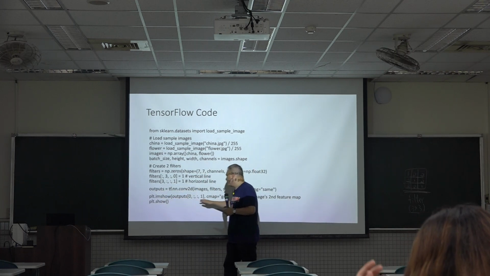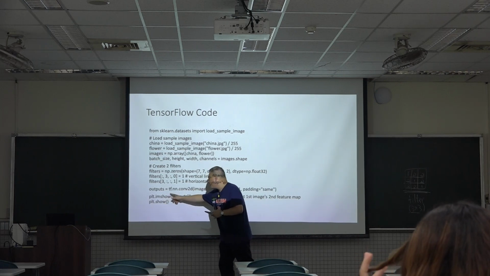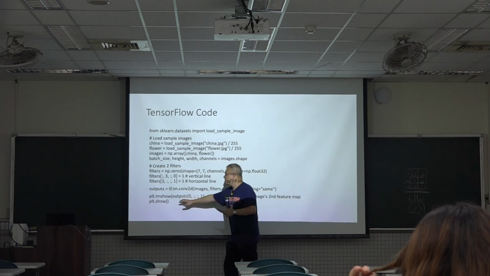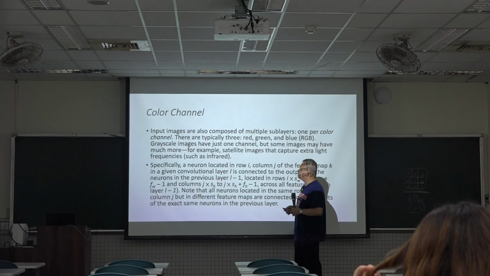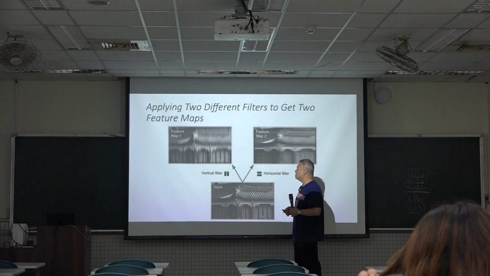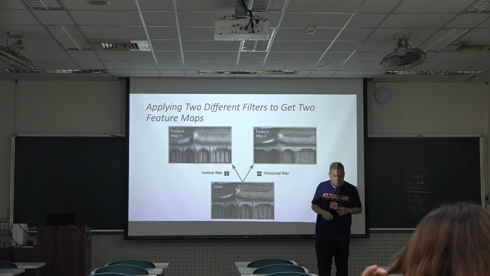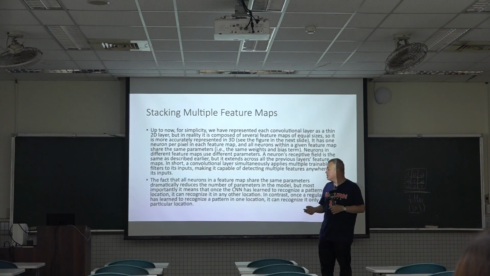And then we output these images using these two lines. The result is actually not only these two, but also the other two images from the flower, which are not shown here, but you get an idea.